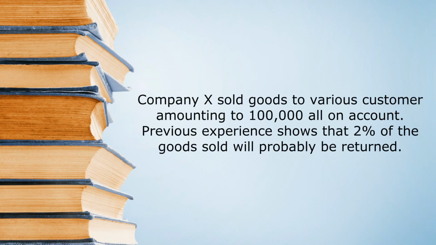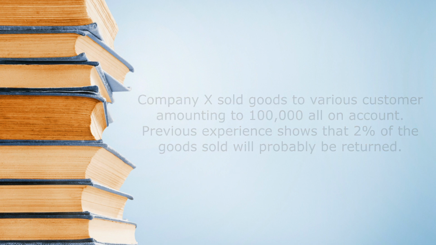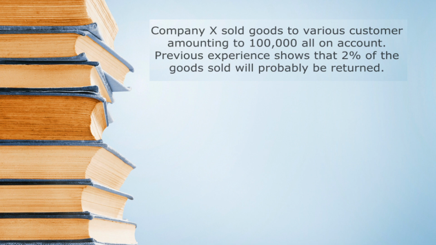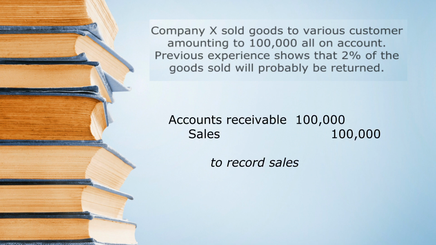For example, Company X sold goods to various customers amounting to 100,000, all on account. Previous experience shows that 2% of the goods sold will probably be returned. So based on the example, the journal entry to record the sale and the recognition of probable return is as follows.